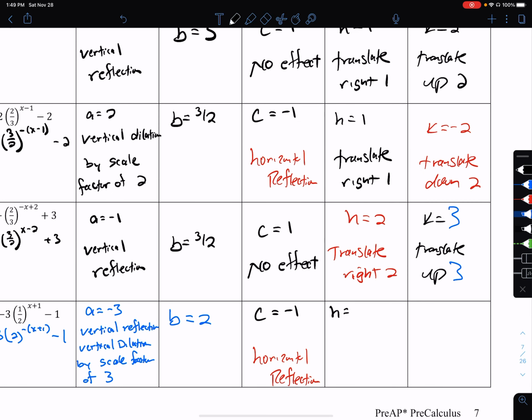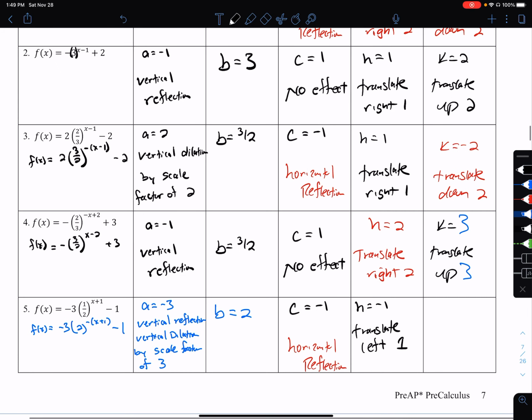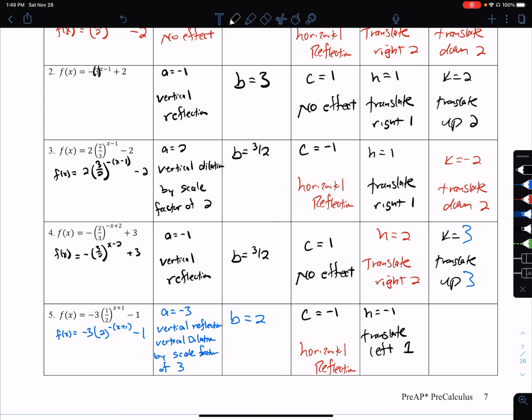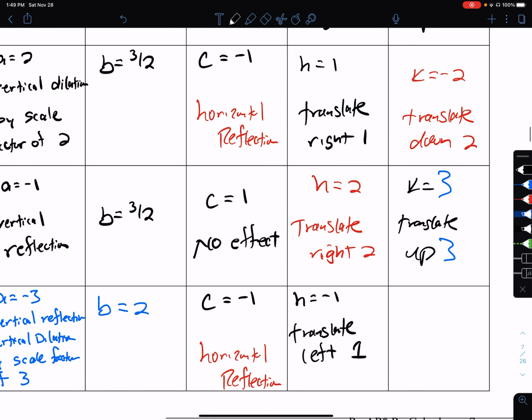So if H is a -1, it's going to translate the graph left 1. Then finally, K is -1. It's going to translate the graph down 1.